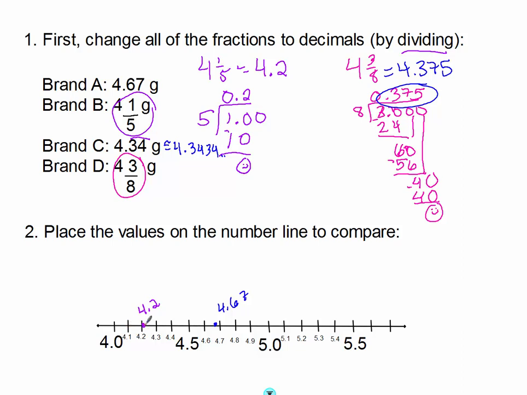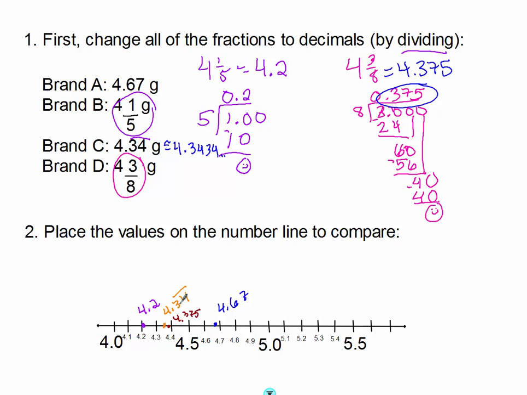So 4.1, 4.2, 4.34, right around there. And brand D is 4 3/8, which we just said was 4.375. So we have to be very careful because we're at 4.3, but 4.375 is slightly to the right of 4.34 repeating.